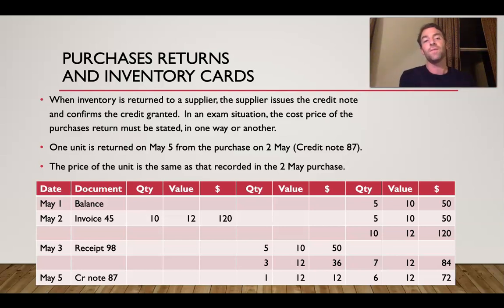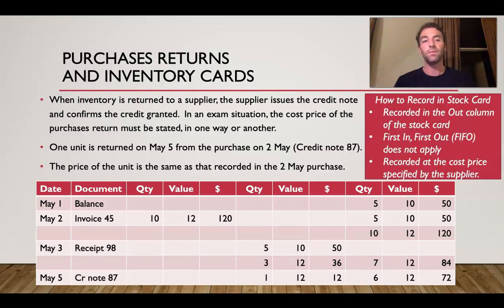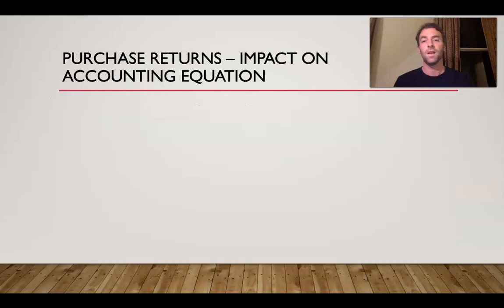That means inventory in the out column is impacted. Just a reminder, to reiterate what I just said, how to record in this inventory card: it is recording the out column. First in, first out does not apply because it's recorded at the cost price specified by the supplier.